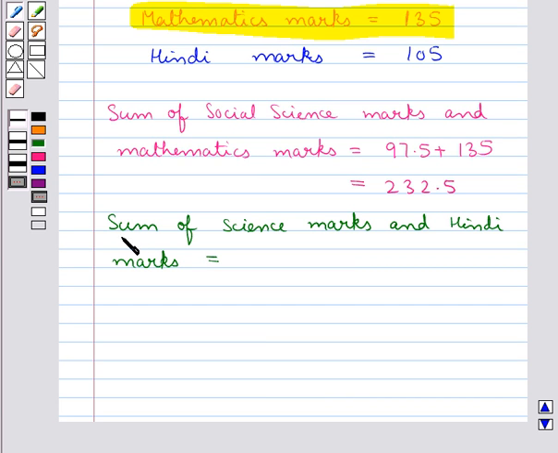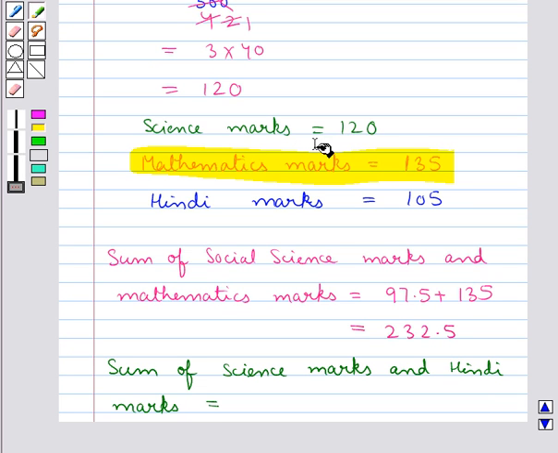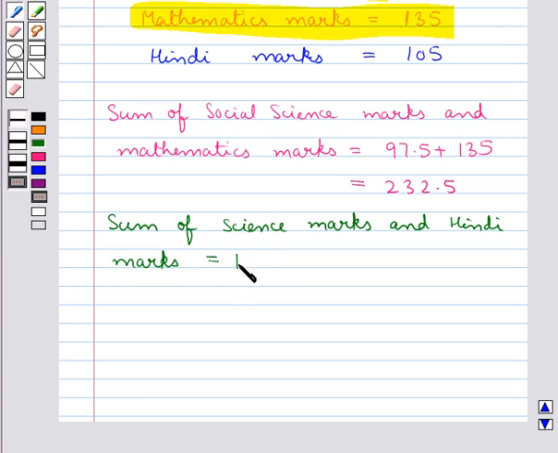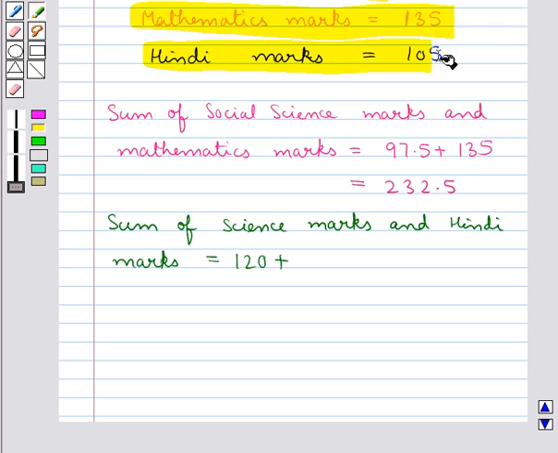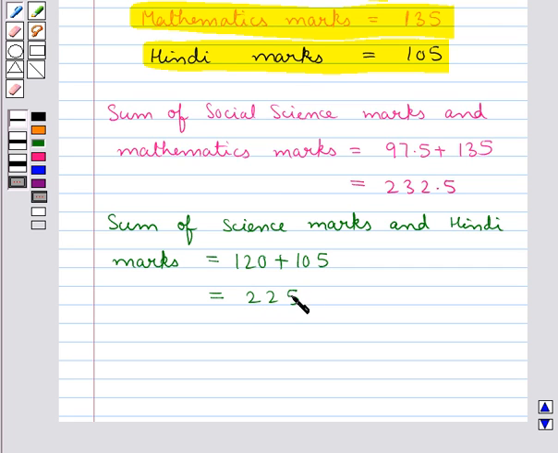Next we have to find the sum of science marks and Hindi marks, and that is equal to 120, that is the science marks, plus Hindi marks, that is 105. And this is equal to 225.